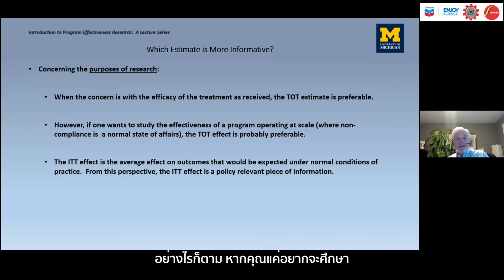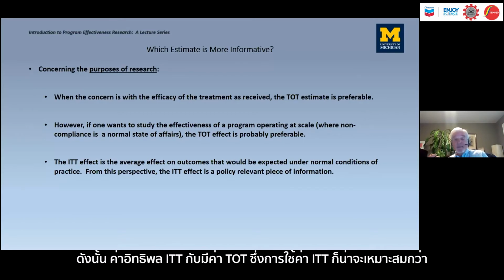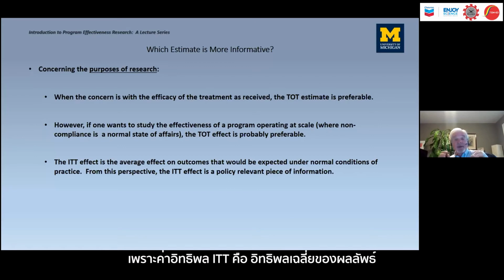However, if you just want to study the effectiveness of a program that's operating at scale, where non-compliance is kind of a normal state of affairs, then the ITT effect is probably preferable, because the ITT effect is the average effect on outcomes that would be expected under normal conditions of practice.